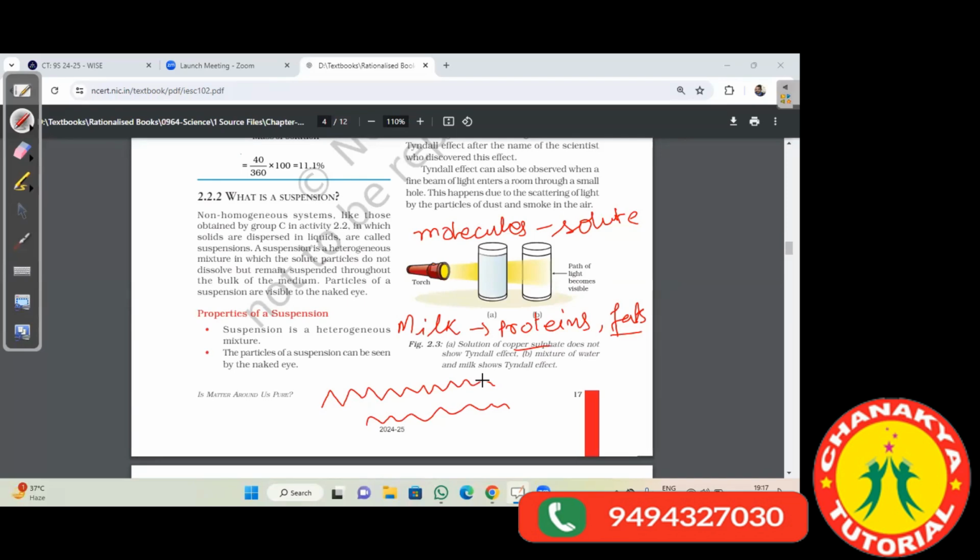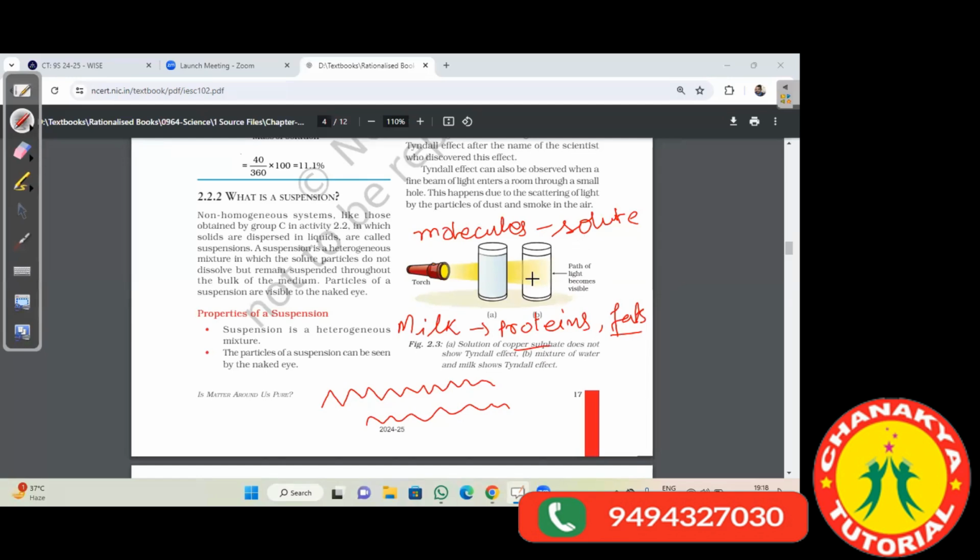Here you can see a torch lighted through two solutions: a true solution and a colloidal solution. When the light passes through the true solution, we do not observe the path of light. The path of light is not visible through the true solution. But the path of light is visible when it passes through the colloidal solution.